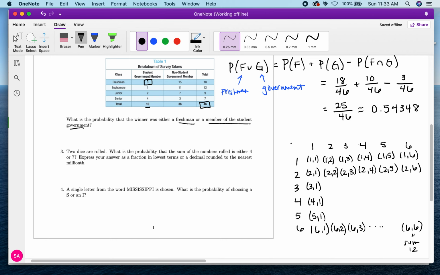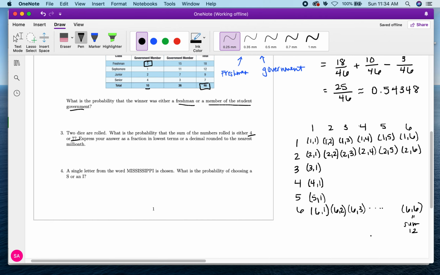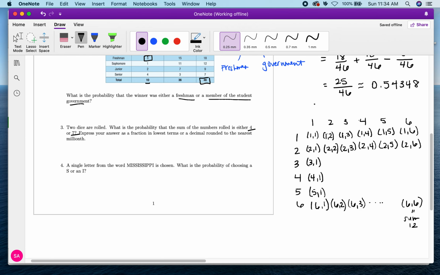So, for this problem, they want to know the probability of rolling a sum of 4 or a sum of 7. The first thing I want you to notice is how many different options we actually have. If you multiply these rows and columns, there's 6 columns and 6 rows, so there's 36 different possibilities in the sample space.